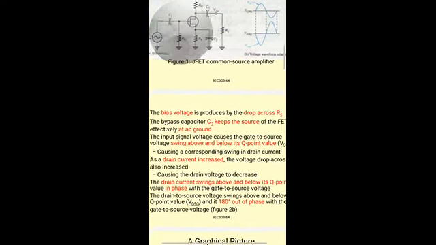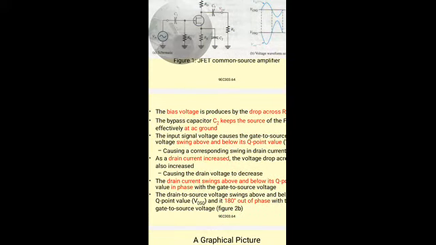The input signal causes the gate to source voltage to swing above and below its quiescent value.